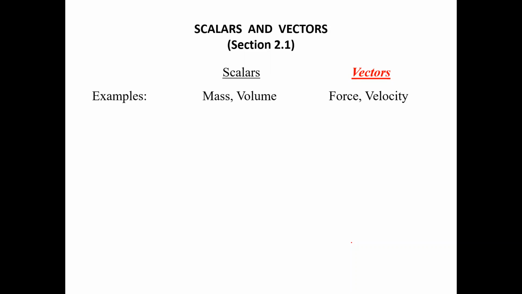What are the examples of scalars? Mass, volume, right? Length. All these are scalars. What are vector quantities? We have force, we have velocity, right? They have some magnitude and they have some direction. Okay, so that is the difference between scalars and vectors.